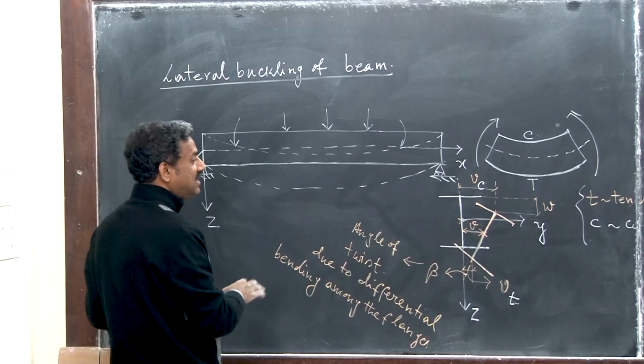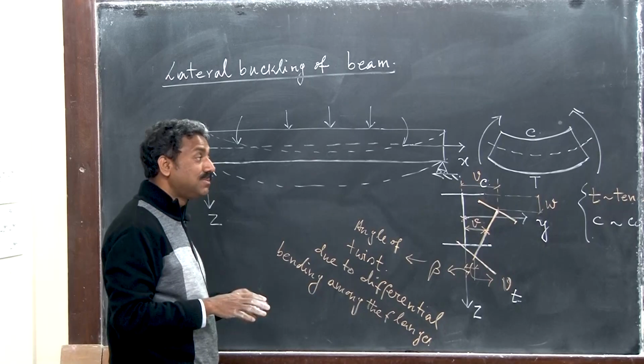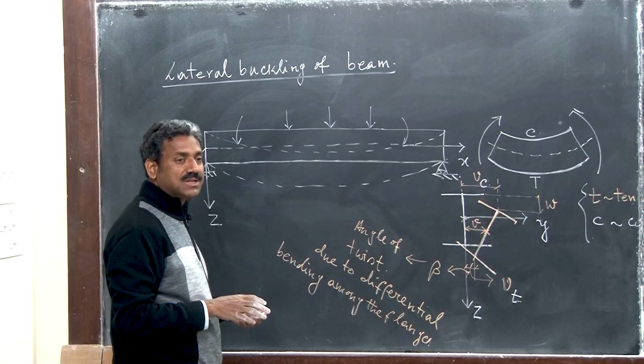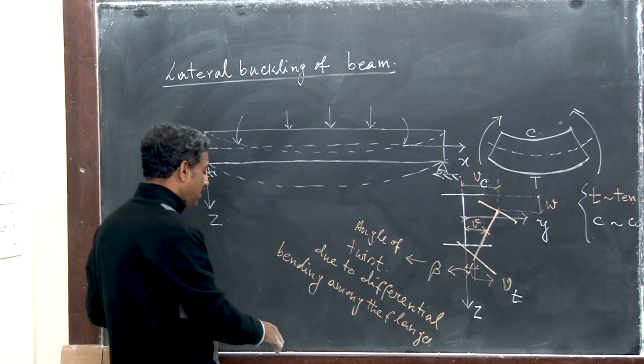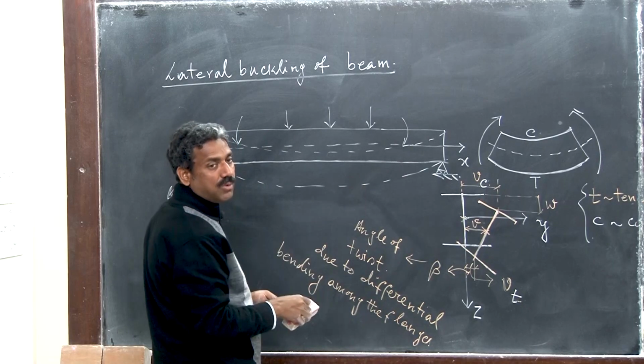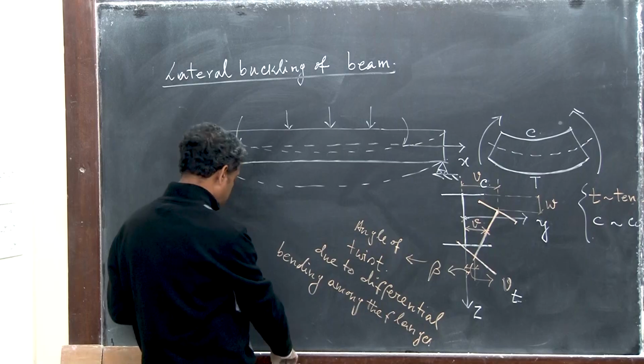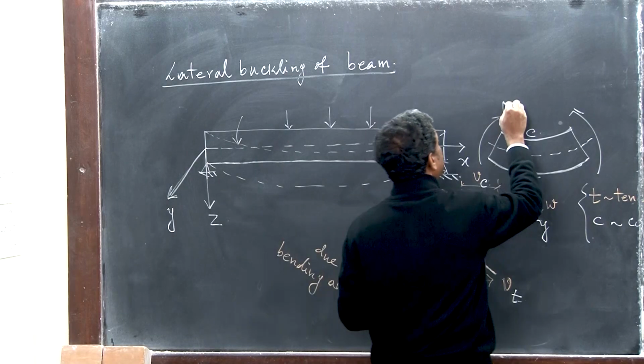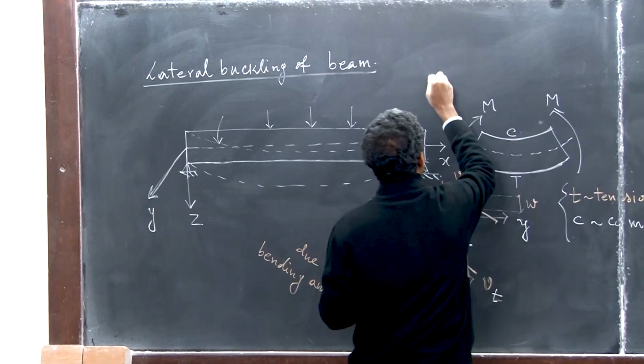So what I am considering, for simplification, is that this beam is subjected to pure bending. What does it mean? Pure bending means it is subjected to end moments, M here and M here.